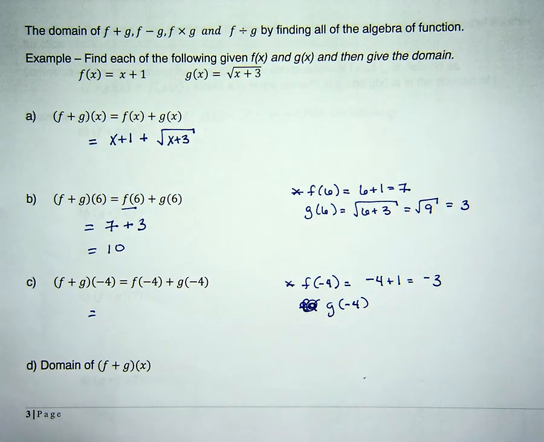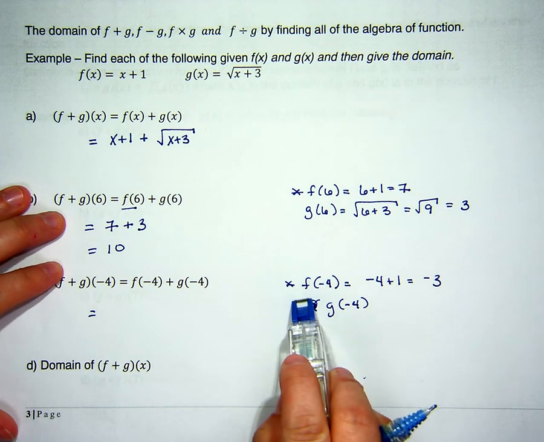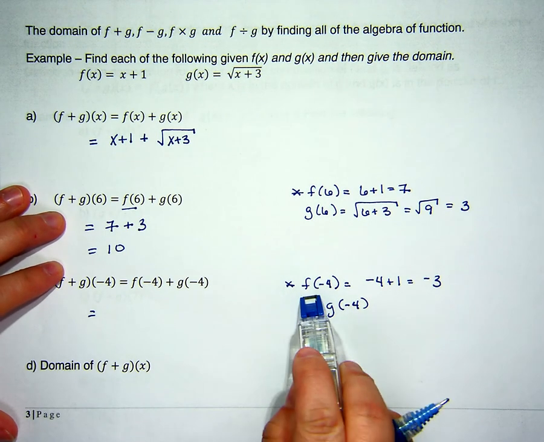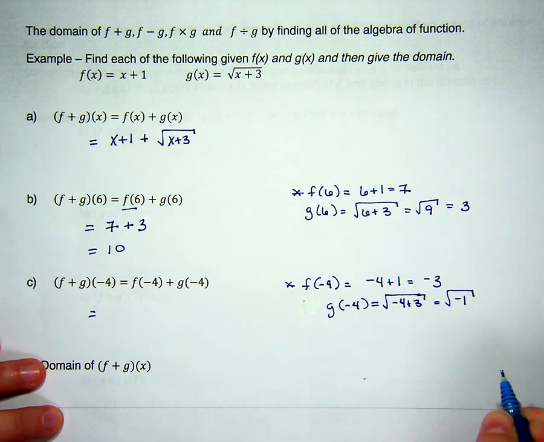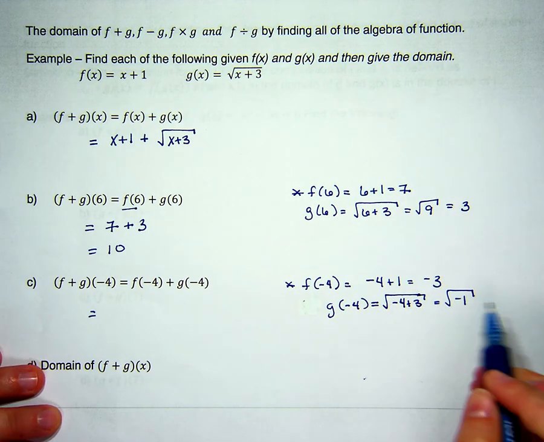Again, that's a simple evaluate. So in our g function, we'll plug in negative 4. So I get the square root of negative 4 plus 3, which gives you the root of negative 1. The square root of negative 1 is, by definition, i.